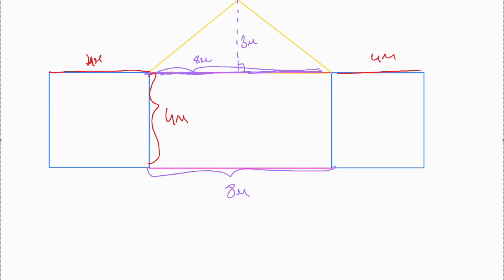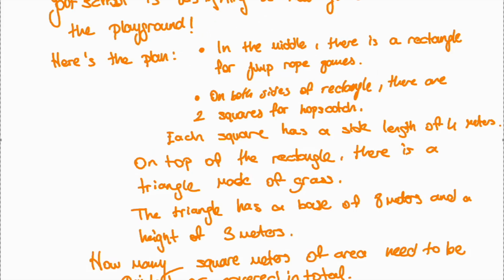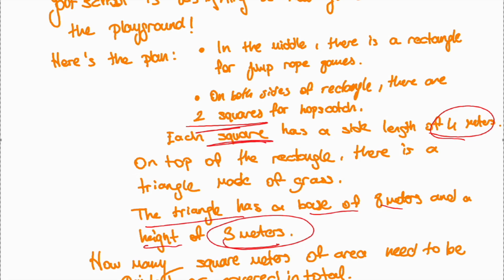Let me show you. 2 squares, 4 meters, and the triangle's height 3 meters and base 8 meters.